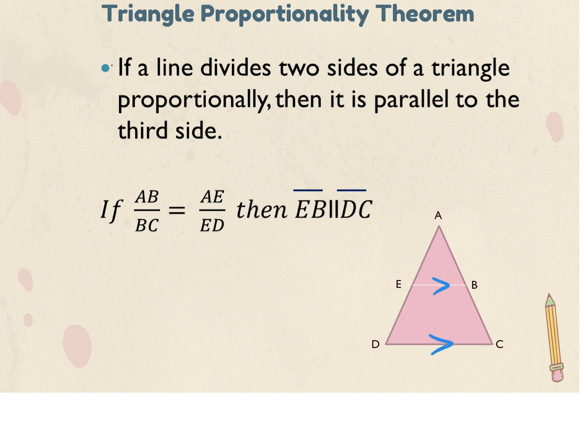parallel to DC. So again, what they've done here is top over bottom, but you could go left over right. It doesn't matter. So they've done this top over this bottom for the first fraction, and then this top, AE, over this bottom piece for this fraction.